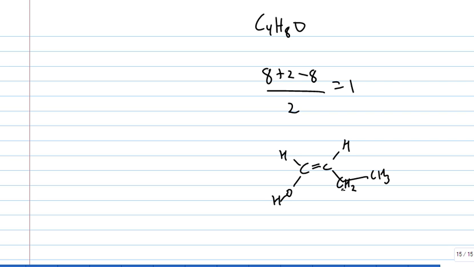Let me see if this makes sense. This one is 4 peaks, so it should have 3 neighbors. Or it could be this. These would only have 3 neighbors, and these would only have 2 neighbors because of the O here.